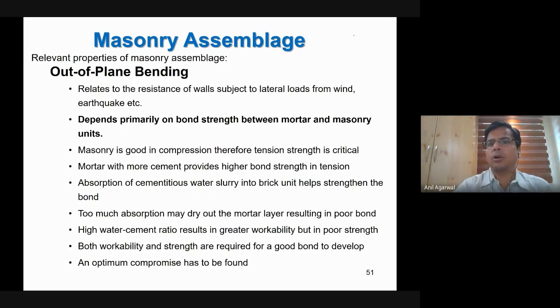So let's say you have a wall like this, with a foundation under it, and you have earth fill up to this level. And on the other side, the other person has not filled the earth to this level, but only to this level.